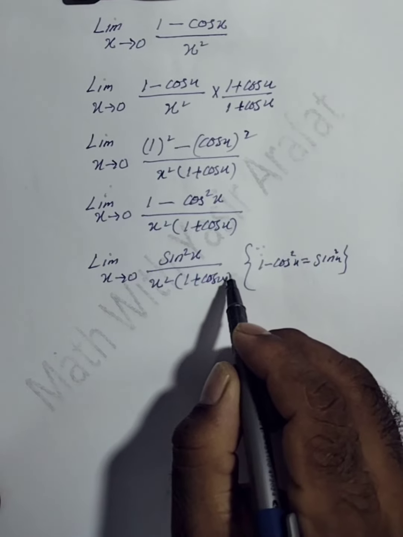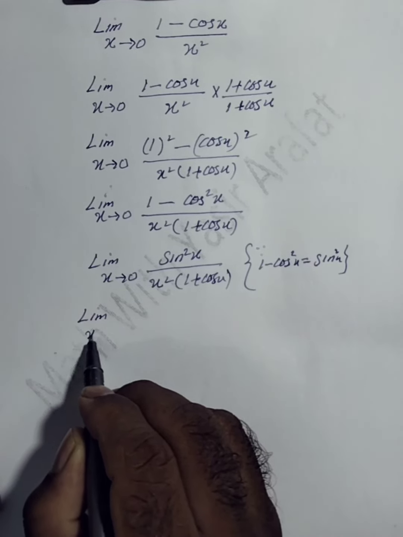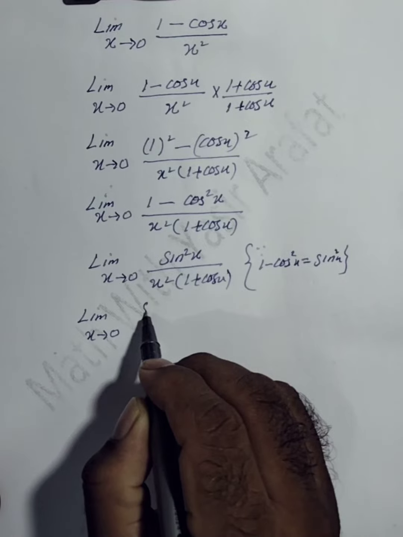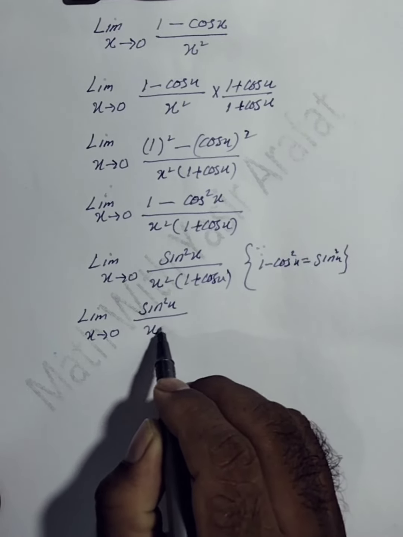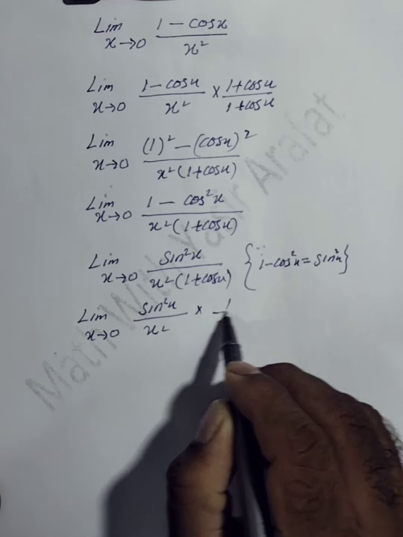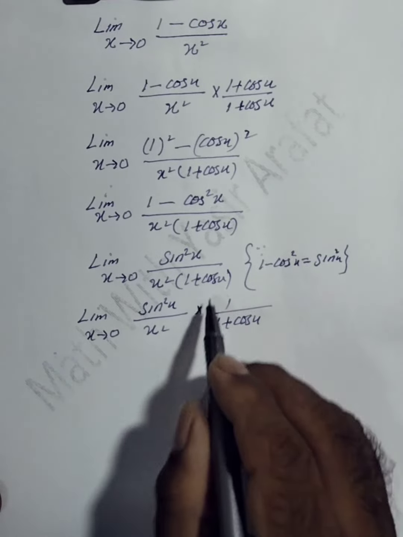So now we can arrange this question here. This is limit x tends to 0 of sin square x over x square multiplied by 1 plus cos x.